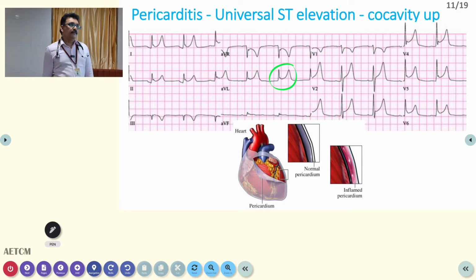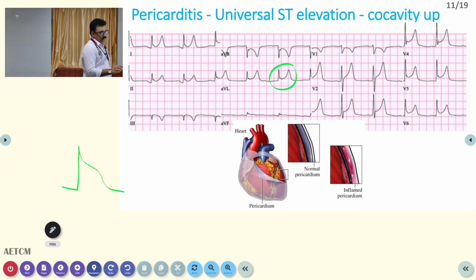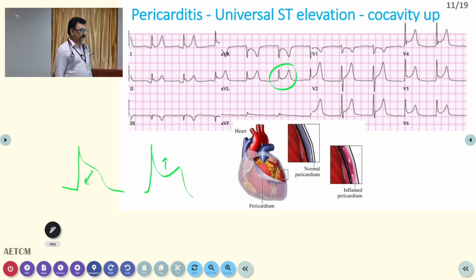So, myocardial infarction and pericarditis can both produce ST elevation. But what is the difference? Normally, ST elevation in myocardial infarction will be like this. Whereas in pericarditis, it will be like this. So, the concavity is towards up in pericarditis, and towards down in myocardial infarction.